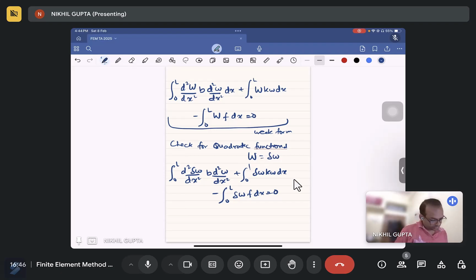Now let's interchange W with delta W. So you can see if this W is changed to this W, and this W is changed to this W, everything remains the same. So for this quadratic functional it holds.